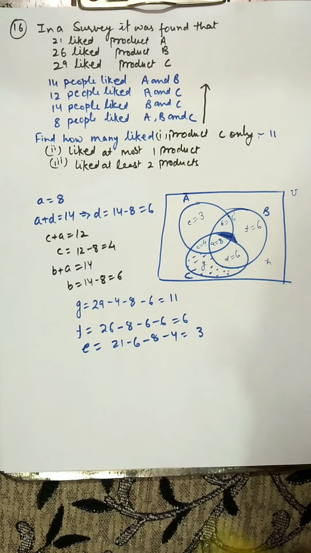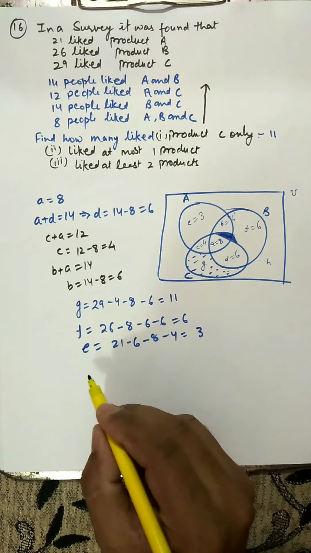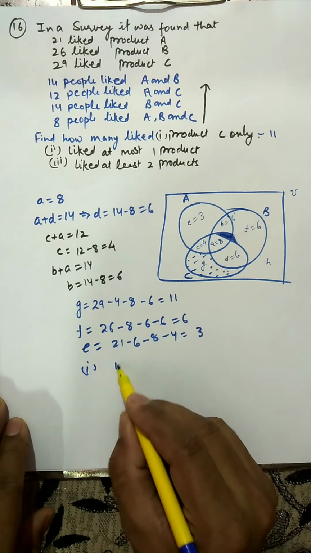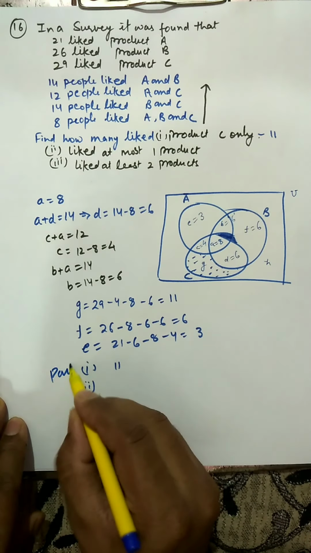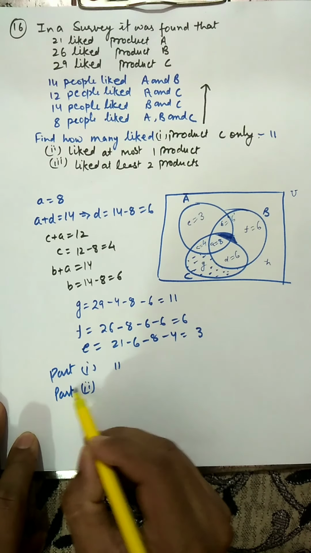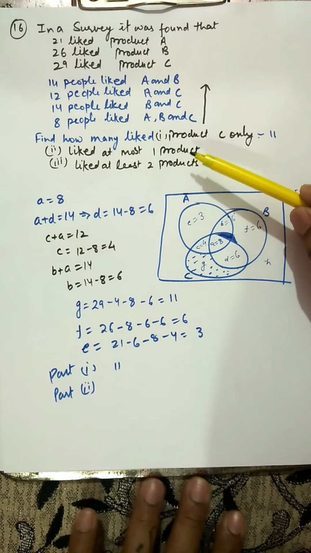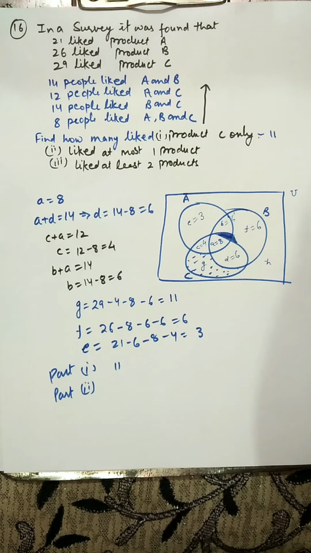You can see that the first part answer is 11. Now this is part 2. Part 2 is saying liked at most one product. You should now understand the language. At most means, in Hindi, ज़्यादा से ज़्यादा एक.